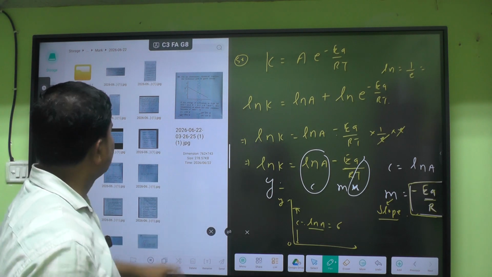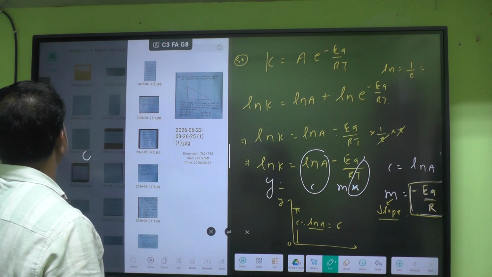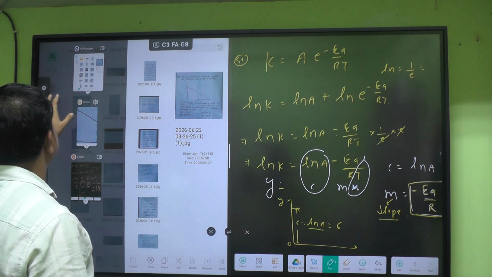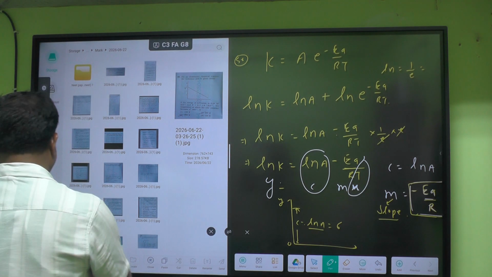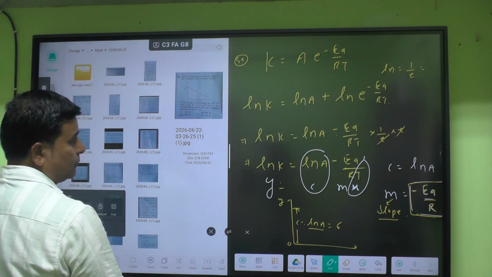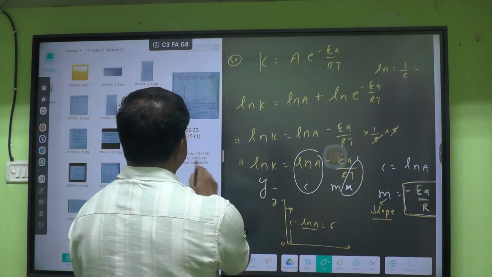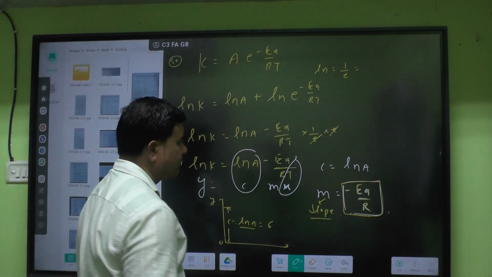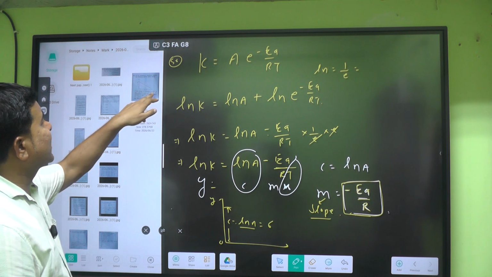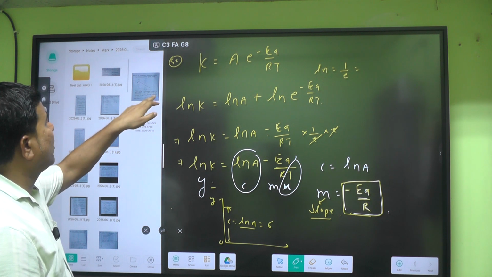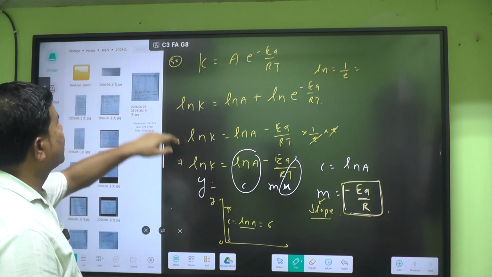So remember, what value is given here? Put the values here. The activation energy is given, E is 6.64. R is given as 8.3. The temperature will be such that the rate constant is e squared.